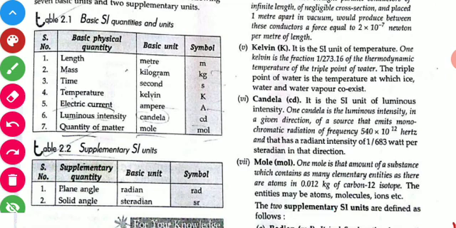Here symbols were also decided for the basic units. As you can see, for meter we write m, for kilogram kg, second s, Kelvin K, ampere A, candela cd, and mole mol. But you have to remember where to use small letters and where to use capital letters.